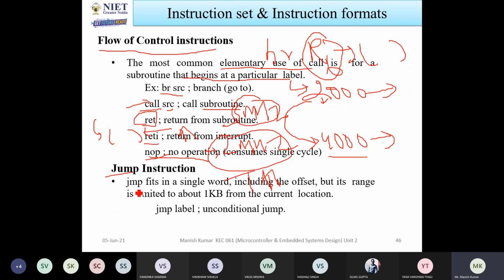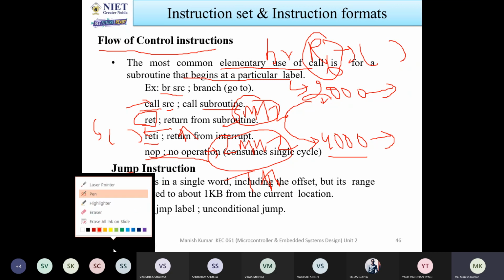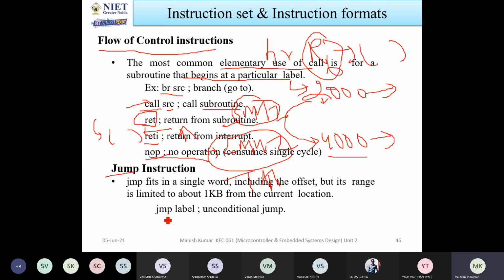Okay. So now we will talk about the jump instruction. So what is the jump instruction? A jump fits in a single word, including the offset, but its range is limited to about 1 kilobyte from the current location. Now I will give you an example.